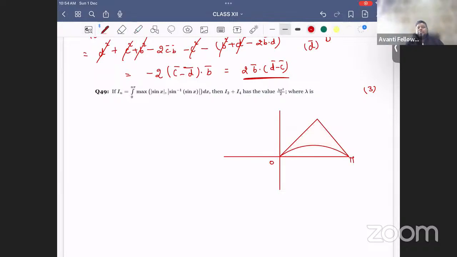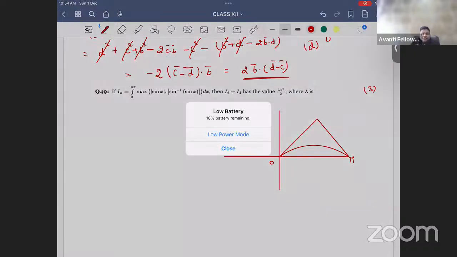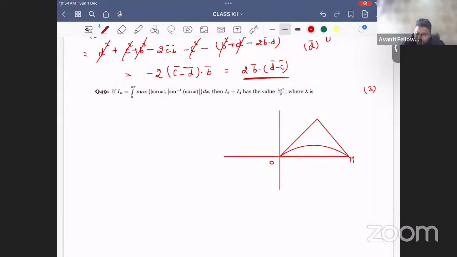Because 0 to pi by 2, sine inverse of sin x is x. Pi by 2 to pi, sine inverse of sin x is pi minus x. Got it? So that means anytime you take this, sine inverse of sin x is greater. Got it? Magnitude of that.